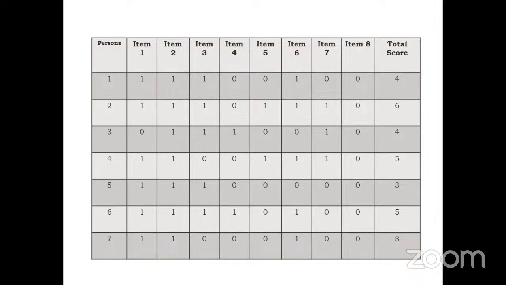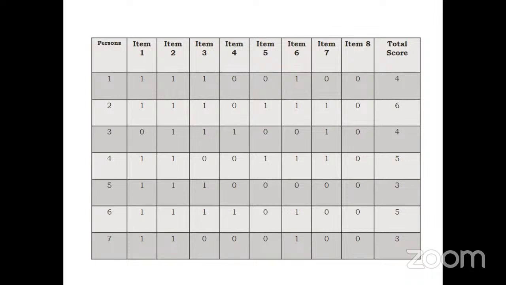But you see one thing: the total score is the same for person number 1 and person number 3. Both of them got a score of 4, but the specific items answered correctly by person number 1 were not the same as those answered by person number 3.